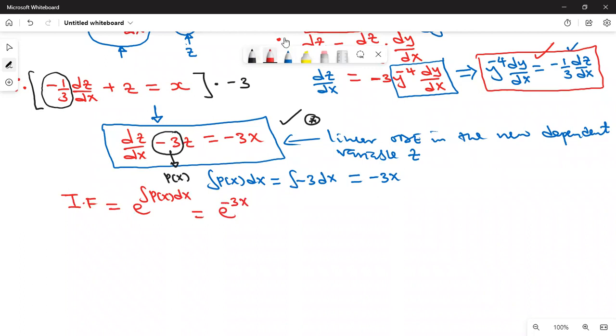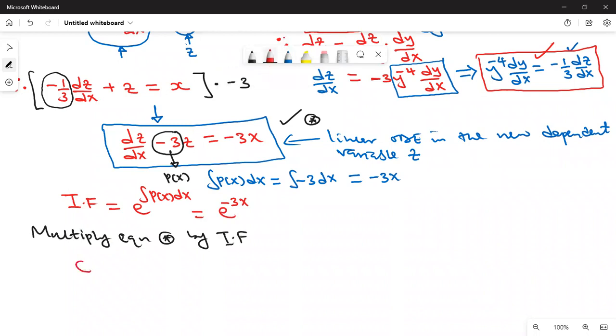Now, multiply the ODE, multiply equation star by the integrating factor. So what do we get?